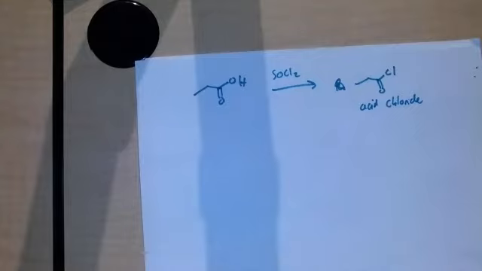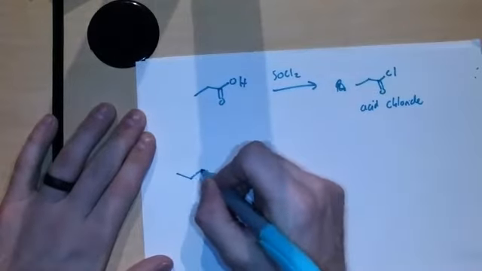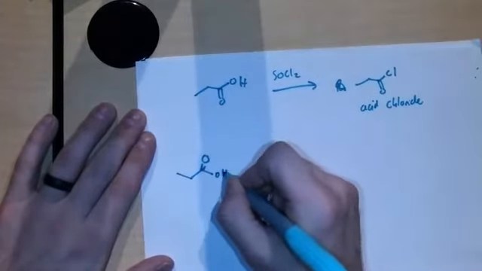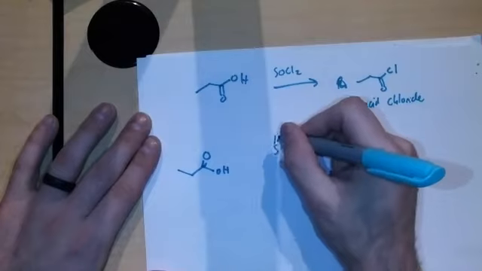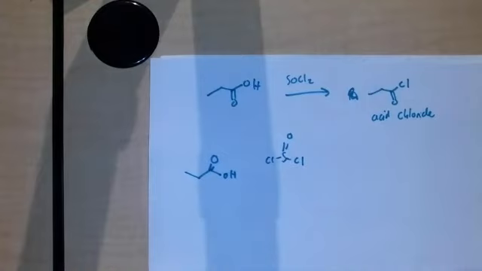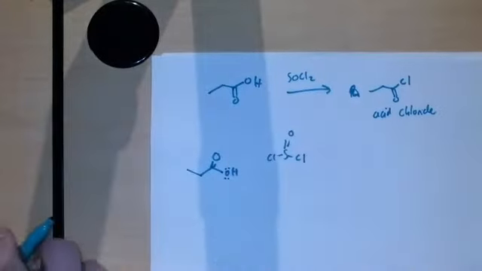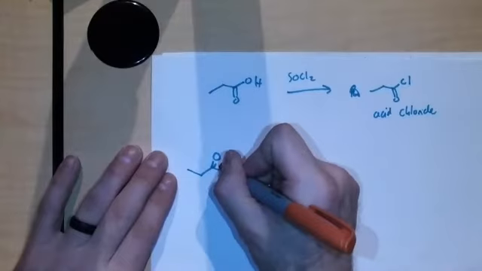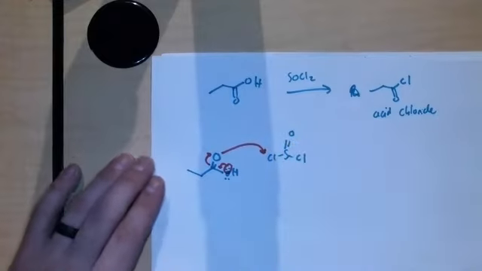So I'm going to flip it over. Have this carboxylic acid here. Our mechanism is going to be pretty similar to our old mechanism where you take an alcohol and you turn it into a chlorine. We're just starting with the carboxylic acid now. So our first step is our oxygen is going to do an attack.